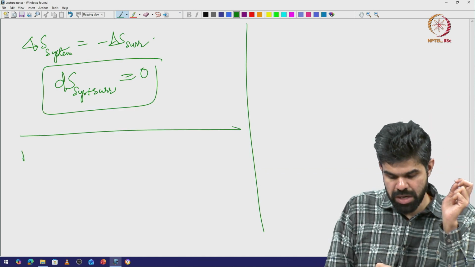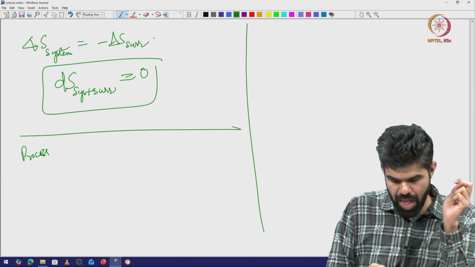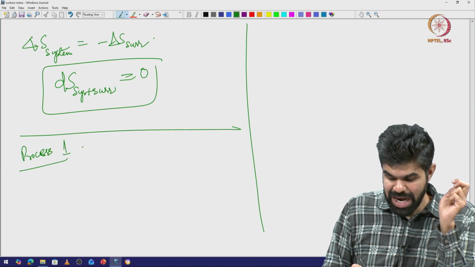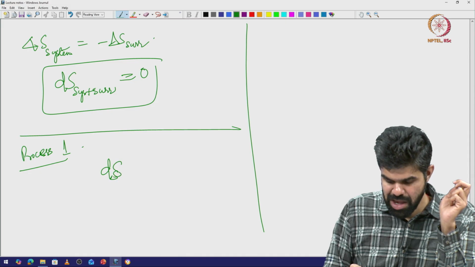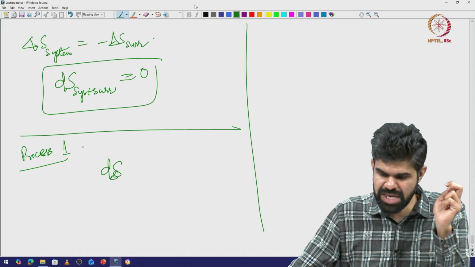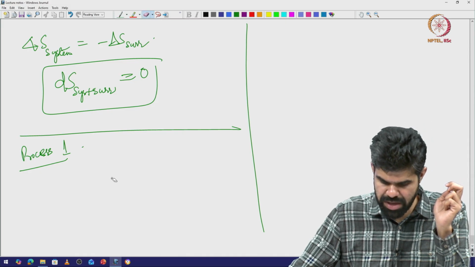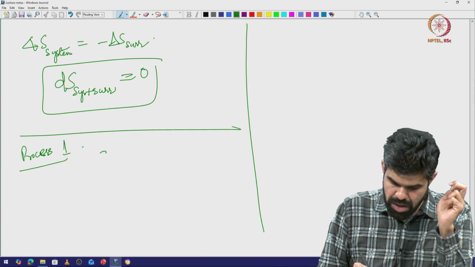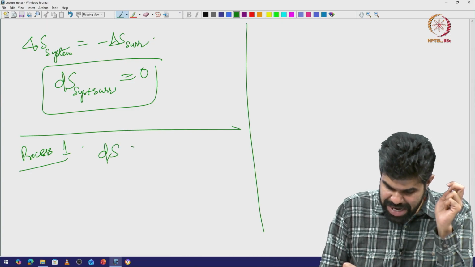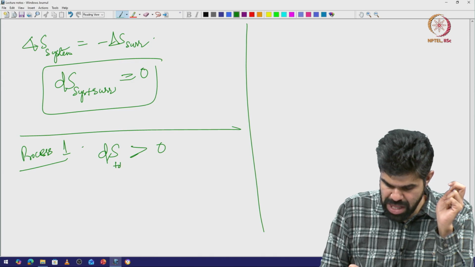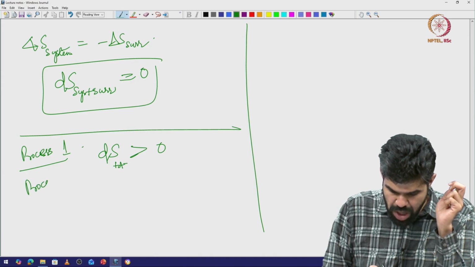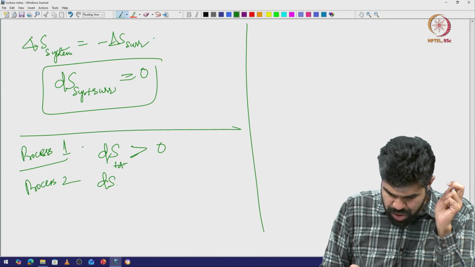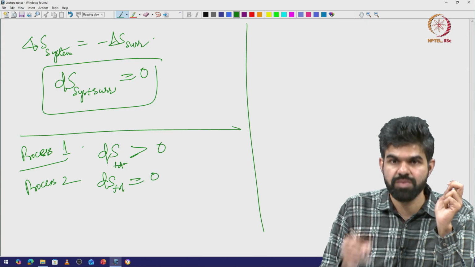In process 1, total ds, this is ds of the universe or system plus surrounding, is greater than 0. In process 2, ds total is equal to 0, right.